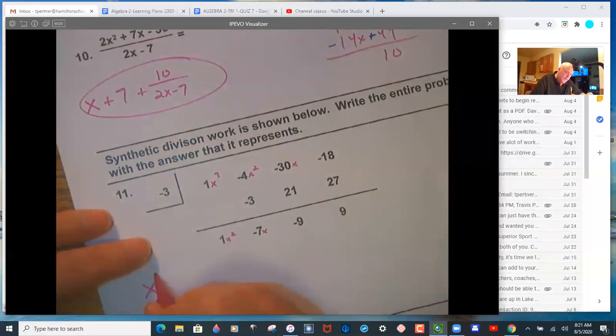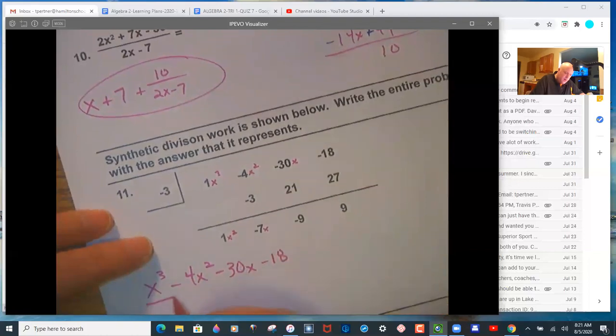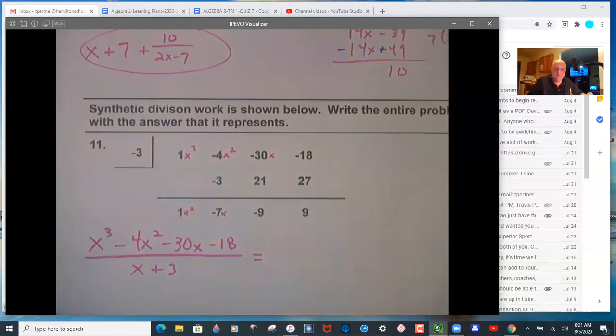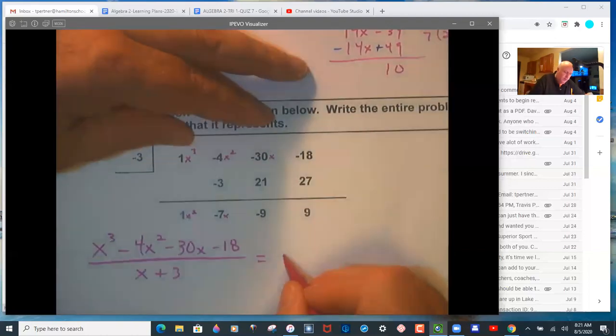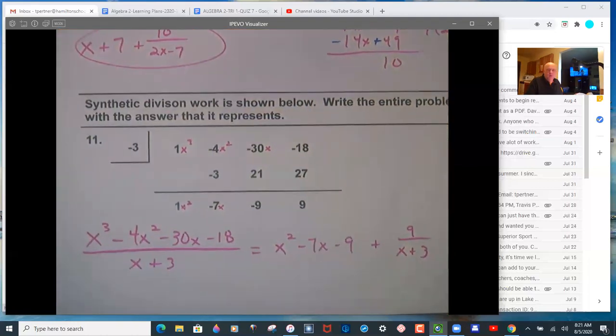So this is it, x cubed minus 4x squared minus 30x minus 18, all over x plus 3, because that's the opposite on the bottom, equals x squared minus 7x minus 9 with a remainder of 9 over x plus 3. That's the whole problem from that.